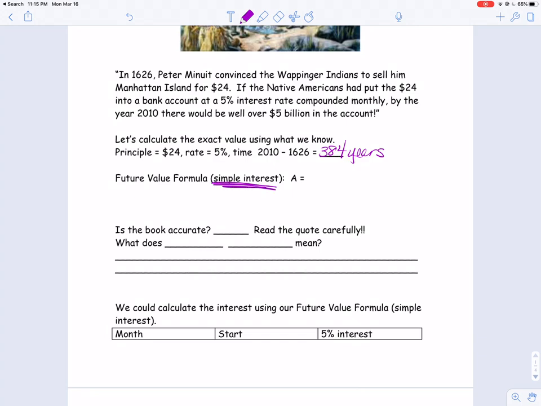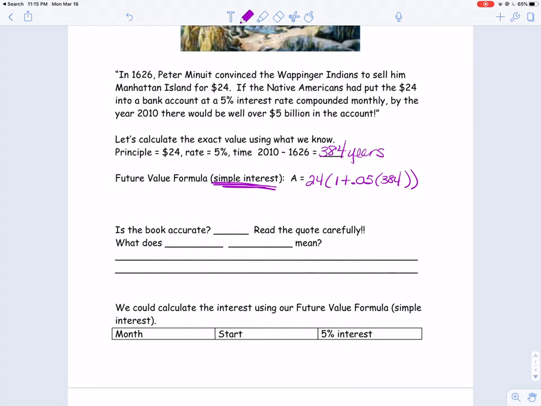We've got the principal, which was $24. We've got the interest rate as a decimal, remember, that's 0.05, times the number of years, 384 years. Let's pop that into the calculator and see if we end up with over $5 billion.